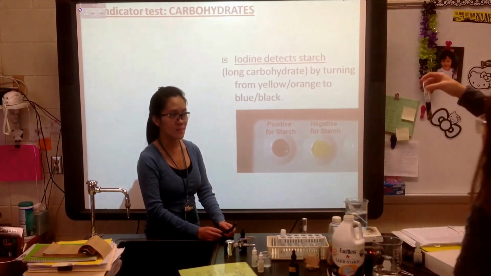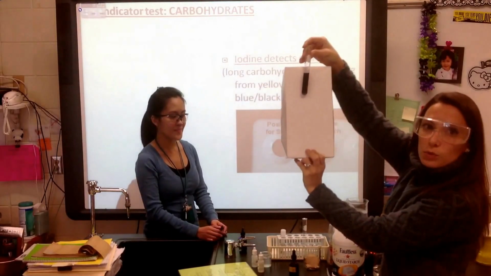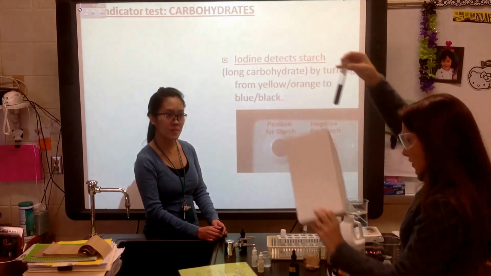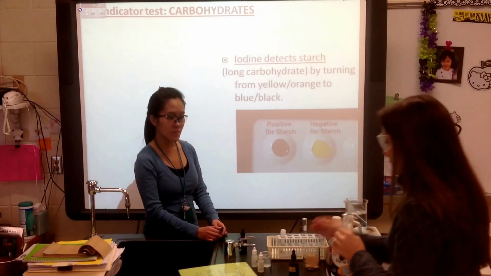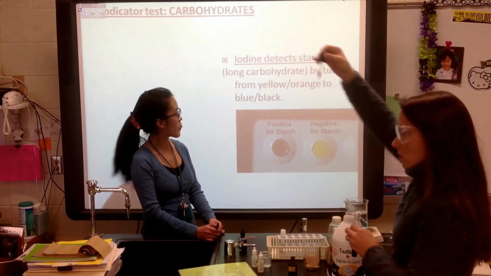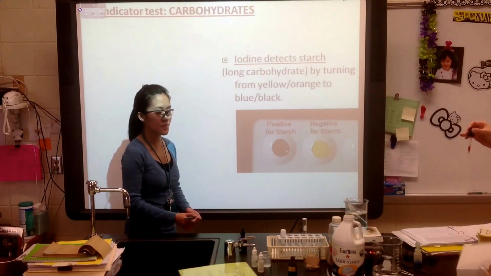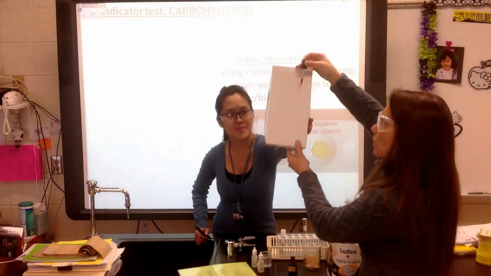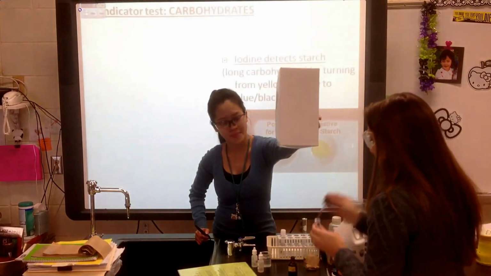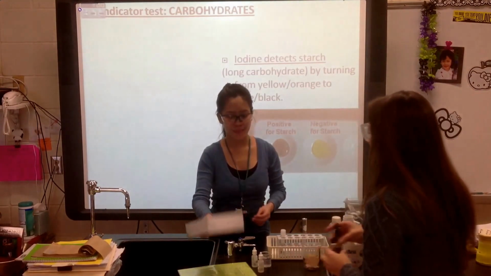And so you can see the blue-black color that it will turn when you add starch and iodine together. Iodine by itself, remember, will start as a yellow-orange color. But when we actually add both starch and iodine together, we get this purple, blue, black. So that is the iodine test.